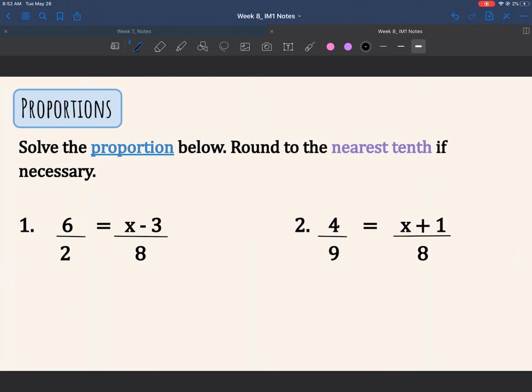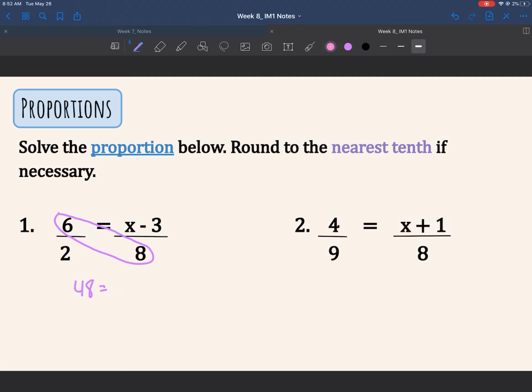So we're going to look at some slightly more difficult ones. So if we are looking at number 1, we can easily do 6 times 8, right? And when we do 6 times 8, we're going to get 48.